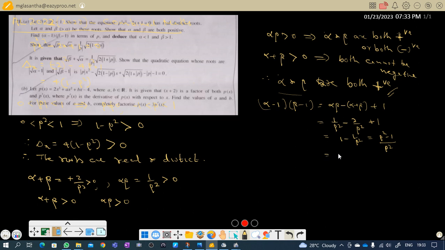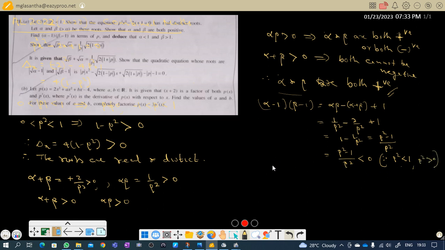Right. But you know that p squared minus 1 is negative. p squared minus 1 over p squared is less than 0. The reason is p squared is less than 1 and p squared is greater than 0, right?